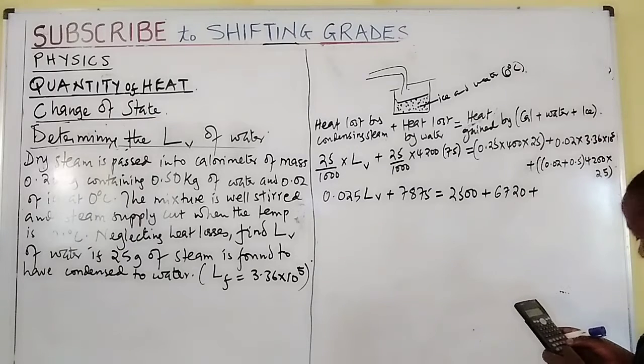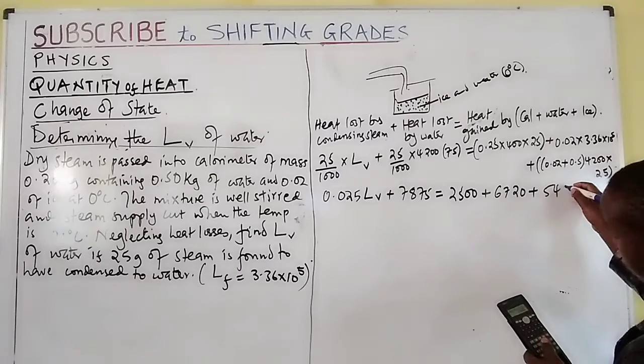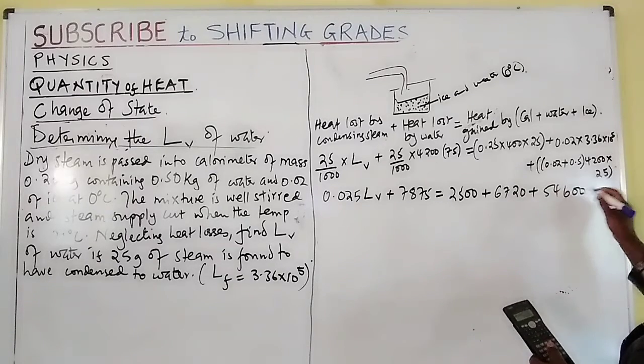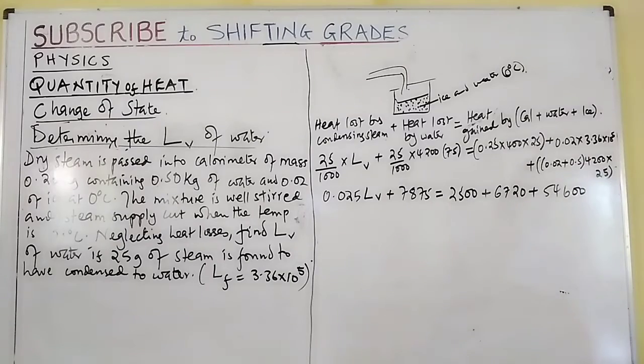So we multiply it by 4200, the specific heat capacity of water, by the change in temperature 25, and we get 54,600. These are all energies in joules.